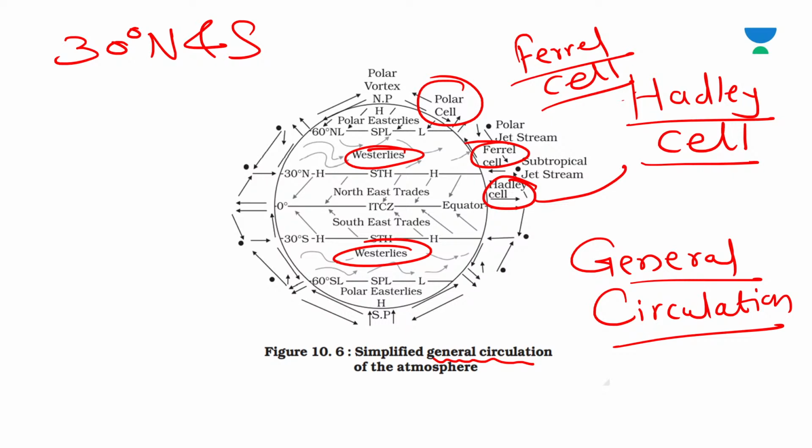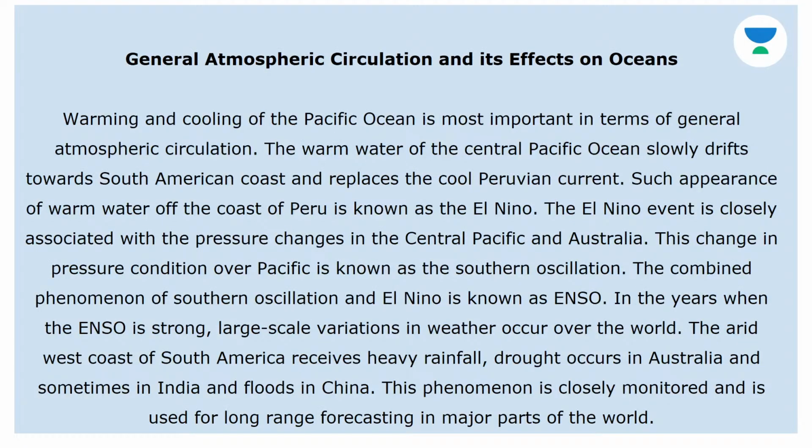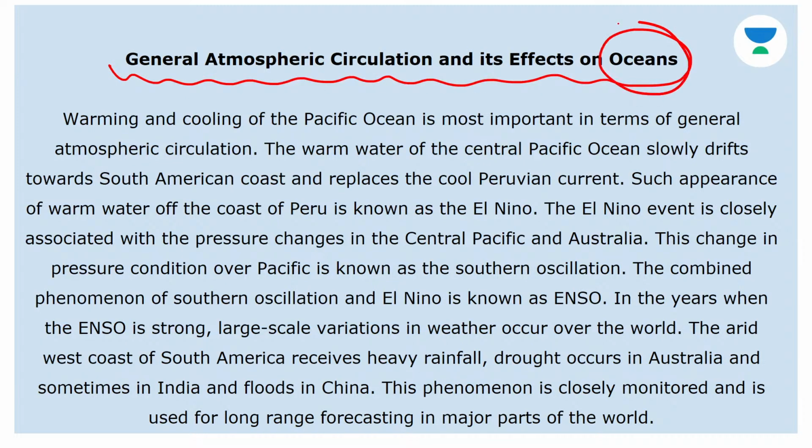So these interactions take place rather slowly over a large part of the ocean. Now, see the general atmospheric circulation and its effect on ocean.